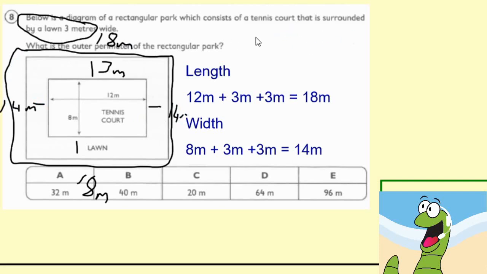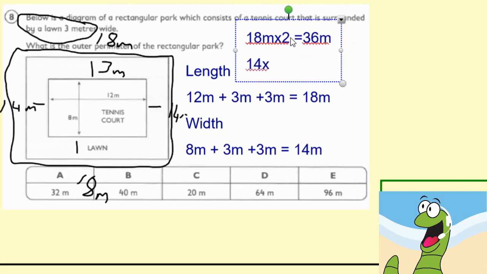We can do 18 meters multiplied by 2, which equals 36 meters, and our width would be 14 multiplied by 2, which gives us 28 meters.